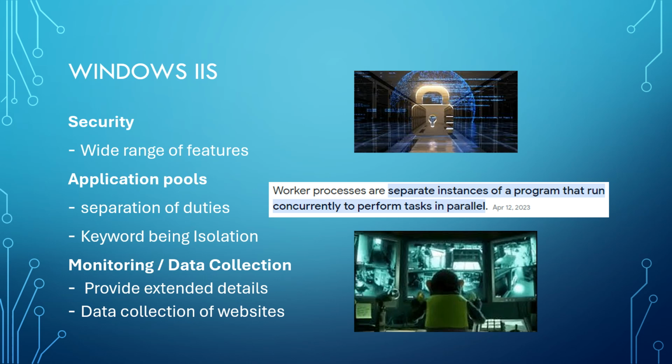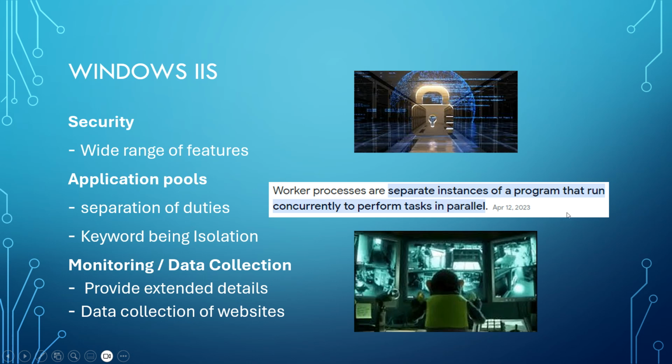effective data security. And continuing with it is the application pool. Similar to the concept of separation of duties, application pools act as the middleman between the worker processes. I have a little definition.